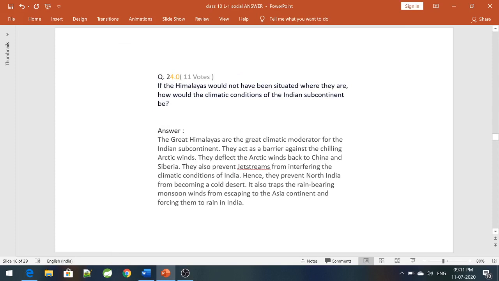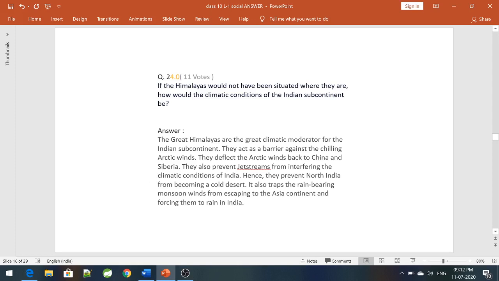If the Himalayas had not been situated where they are, how would the climatic condition of the Indian subcontinent be? The Great Himalayas are the great climatic moderator for the Indian subcontinent. They act as a barrier against the chilling Arctic winds from the north. They deflect the Arctic winds back to China and Siberia.